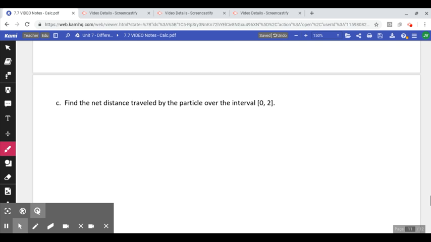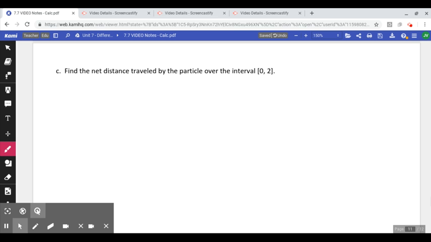Moving on to part C, it says find the net distance traveled by the particle over the interval 0 to 2. So the net distance is the same as displacement here. So for our net distance, what we're going to do is take the absolute value of p of 2 minus p of 0.